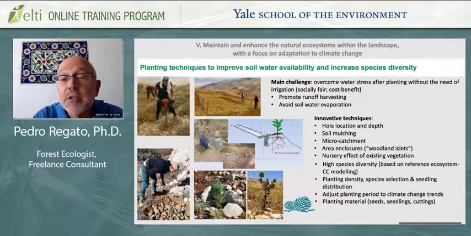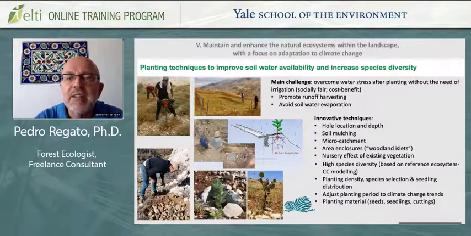Soil water availability, because at least in the case of Lebanon and the Mediterranean region, water stress is the main limiting condition during the very long summer period and will be a major cause of failure in the planting of seedlings if the techniques are not making the maximum effort to promote runoff harvesting and to avoid soil water evaporation.